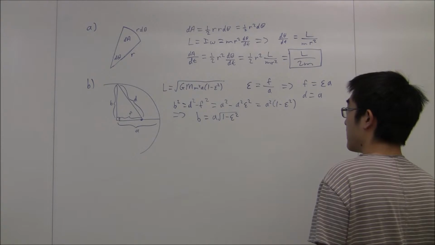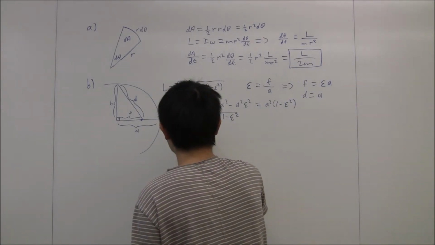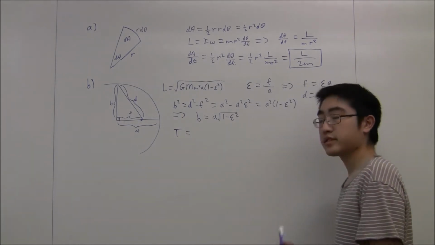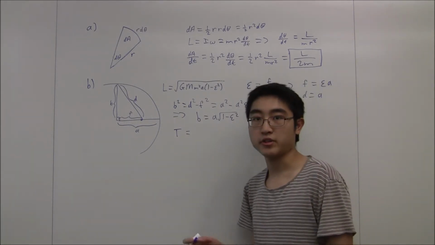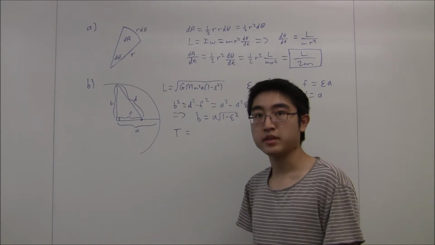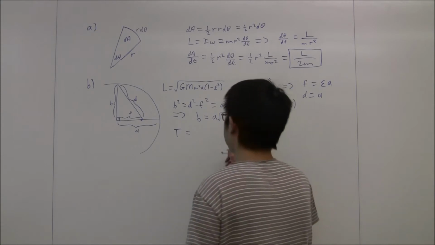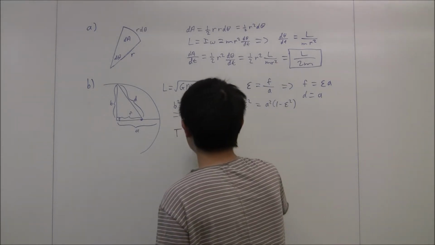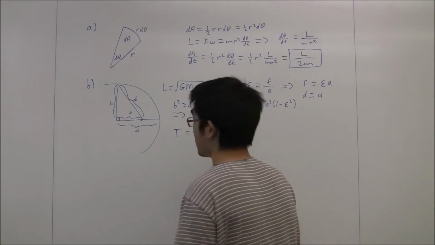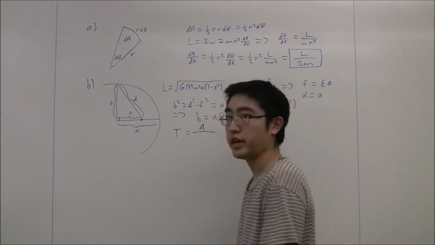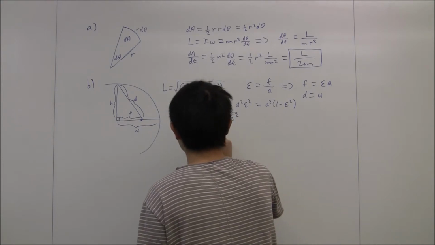Alright? Now, the period. By Kepler's second law, we know that the rate at which the radial vector sweeps out the area is constant, which means that the period is just given by the total area of the ellipse divided by the constant rate at which the area is being swept, which is given by dA dt.